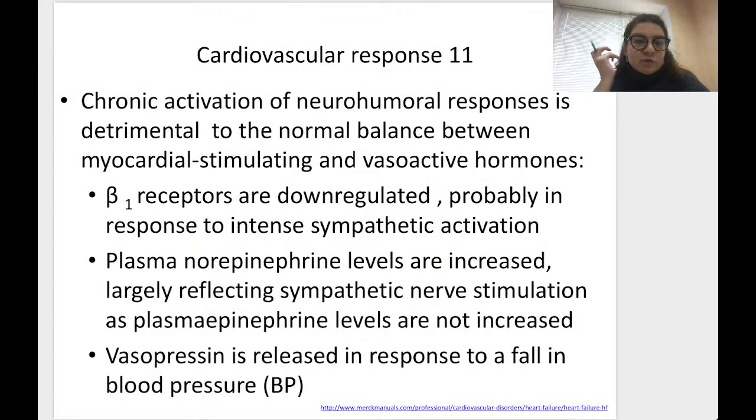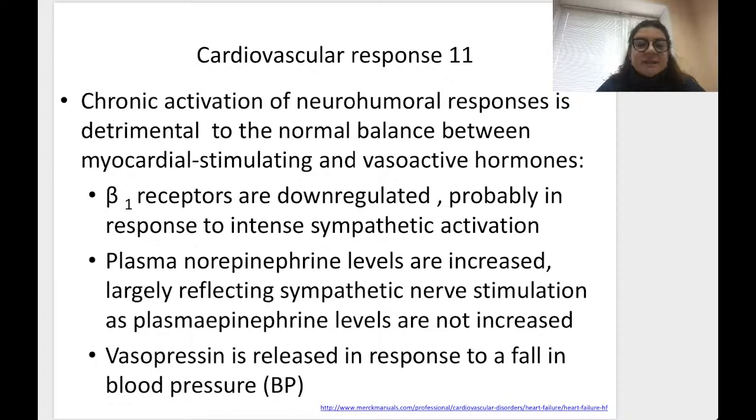Chronic activation of neurohormonal responses is detrimental to the normal balance between myocardial stimulating and vasoactive hormones. Beta-1 receptors are downregulated, probably in response to intense sympathetic activation. Plasma norepinephrine levels are increased, largely reflecting sympathetic nerve stimulation, as plasma epinephrine levels are not increased.